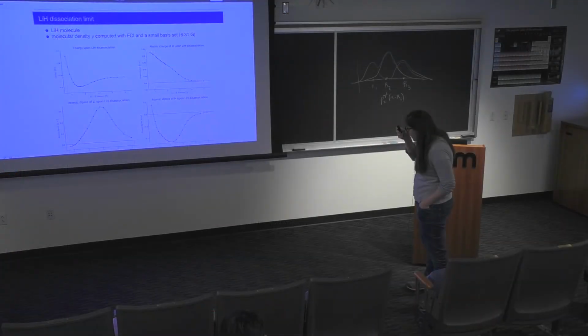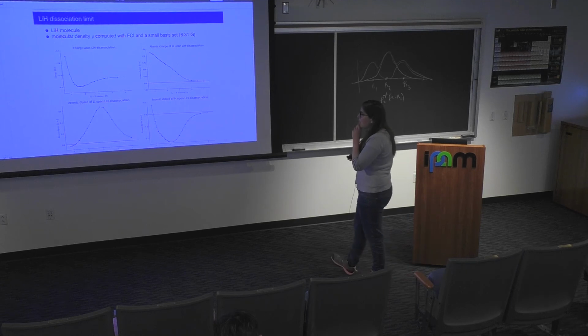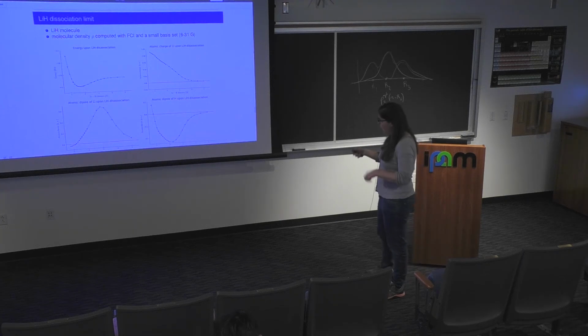Robert wanted to look at how the partial charges and the local dipolar moments of the atomic contributions of the computed AIM decomposition evolve in the dissociation limit of LiH, so as the distance between the two atoms increases.